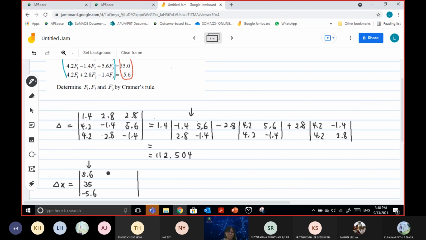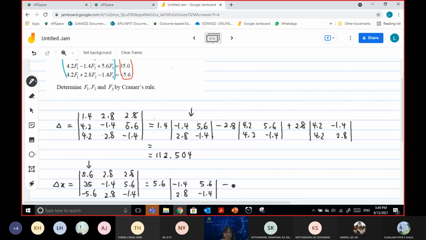How about the second column? 2.8, negative 1.4, and then 2.8. Okay, third column? 2.8, 5.6, negative 1.4. Okay, correct. Then we proceed for the calculation using the values of the first row. 5.6, then blocking first row, first column, so we have negative 1.4, 2.8, 5.6, negative 1.4.